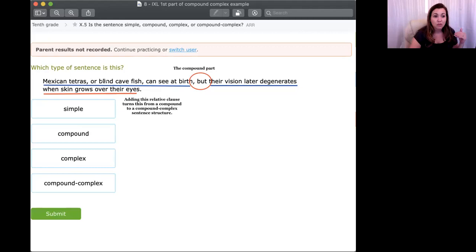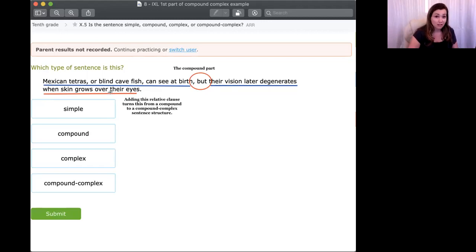So, Mexican tetras or blind cave fish can see at birth. That is one independent clause. Now you see a comma but, so the coordinating conjunction is in the comma, okay? And then you skip over that and you look to see, does the next section work as an independent clause? And it does. And then what's happening?